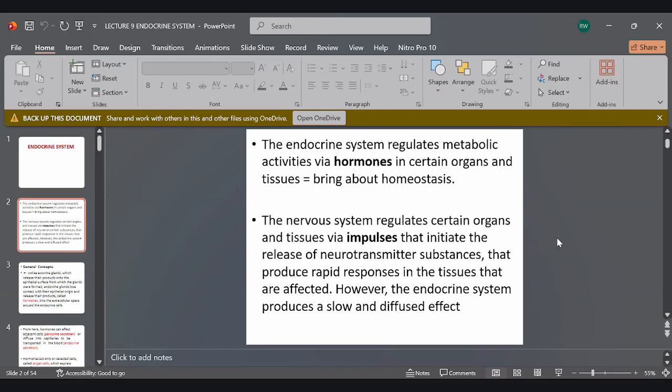What is homeostasis? Class, what is homeostasis? Anyone who can answer what is homeostasis? I can try.